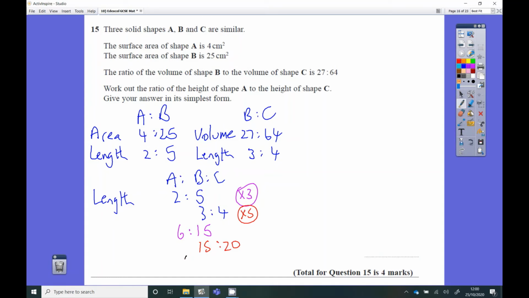Looking at that, because we want to work out the height ratio, which is just the length ratio between A and C, just looking at A and C, we've got a ratio of 6 to 20. Now the question is asking us for it in its simplest form, so halving both, we're getting a ratio of 3 to 10, and that's our final answer.